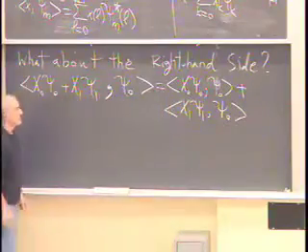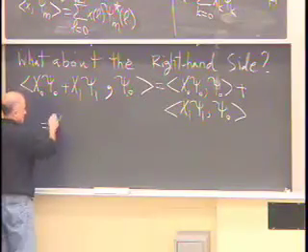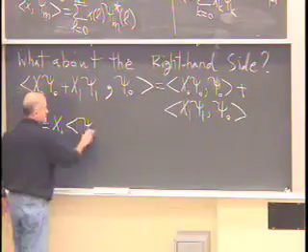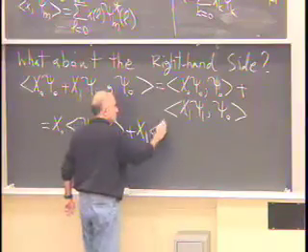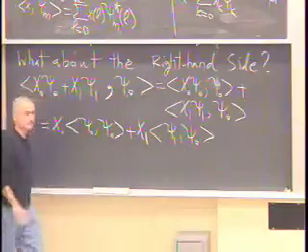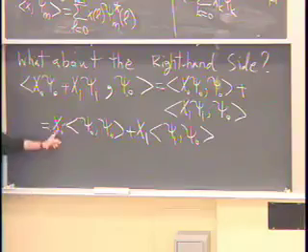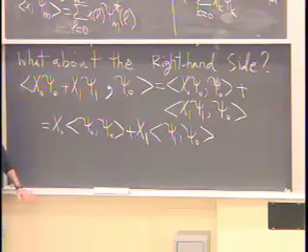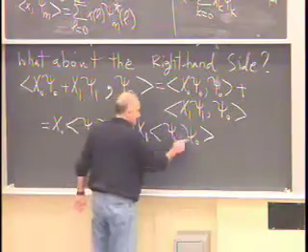Okay? And now I can take the constants out. x0, c0, c0, plus x1, c1, c0. And what can you tell me about this expression? How can I simplify it further? The second term is 0, because these two are orthogonal.